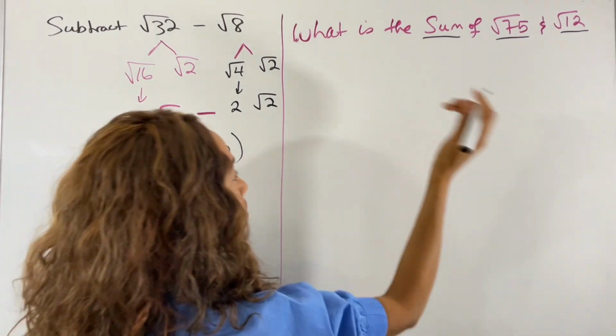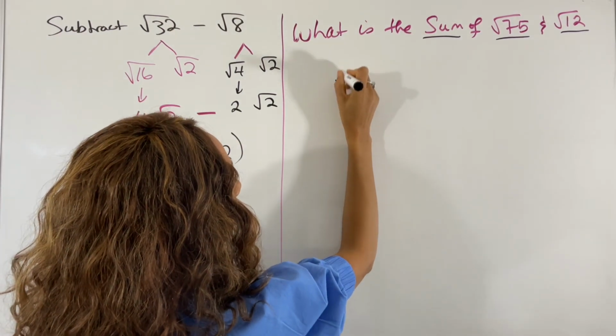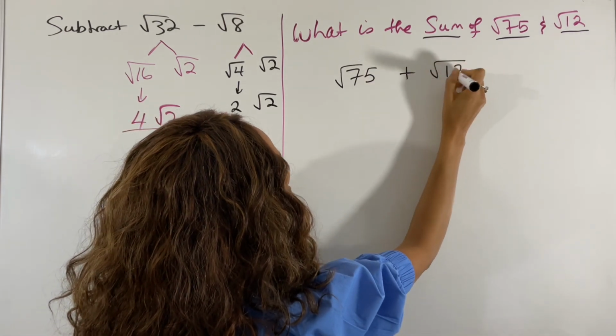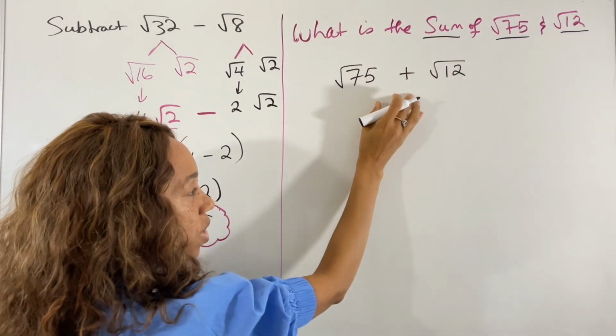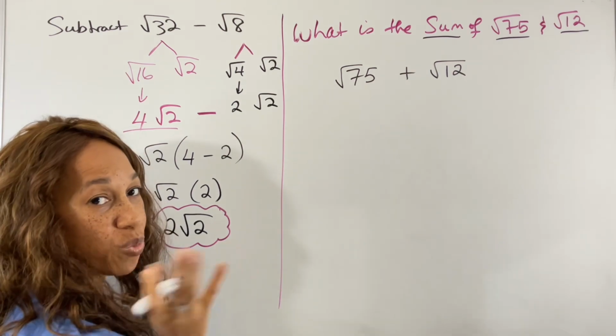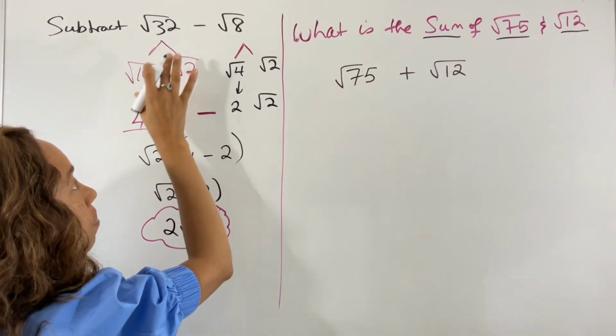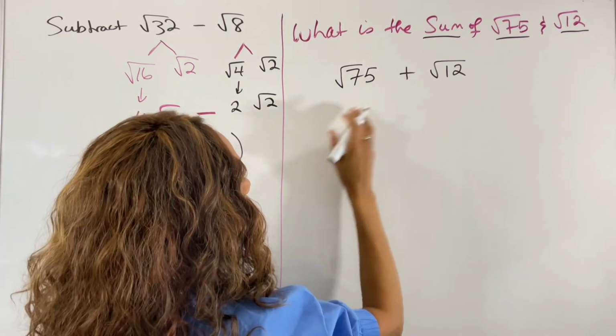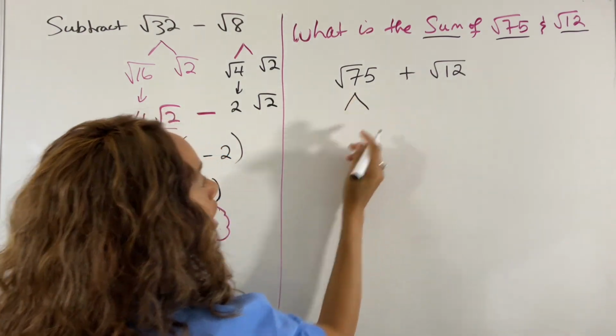So we have to break them down. So we're going to do radical 75 plus radical 12, because sum means that we're going to add, and that is the operation we're doing now. First example, I did subtract. Now I'm doing addition. Okay, so break this down.